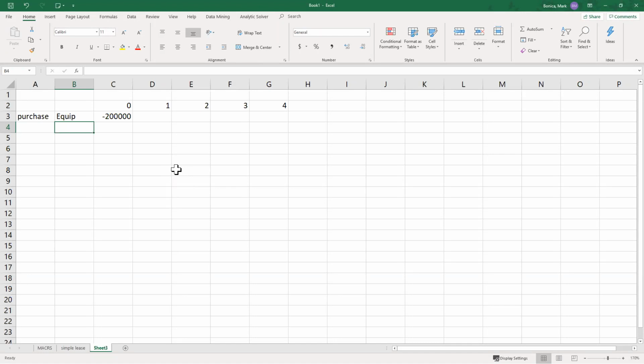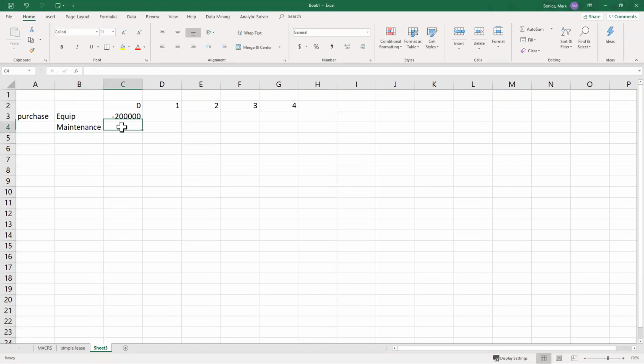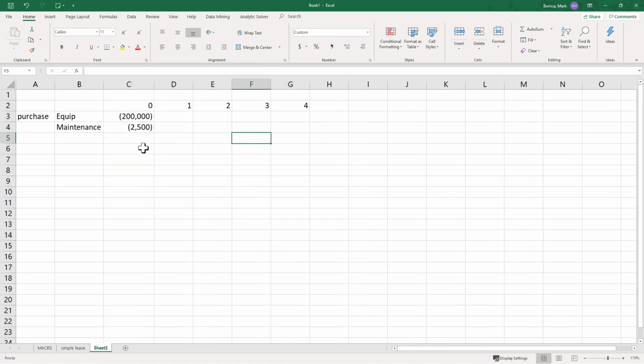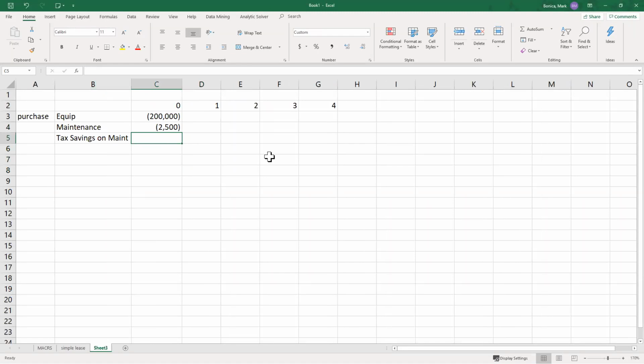we're going to have our maintenance contract. So maintenance. And that is going to be a $2,500 expense. And I just used the word expense. So whenever you hear the word expense, you should be thinking about tax savings, right? So tax savings on maintenance. How much tax savings on maintenance am I going to have?